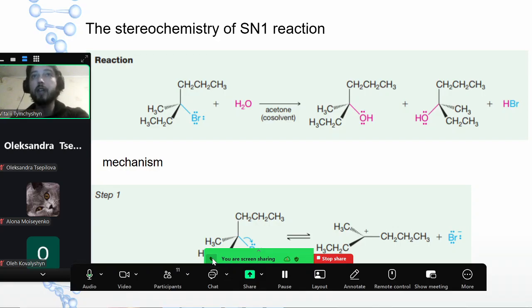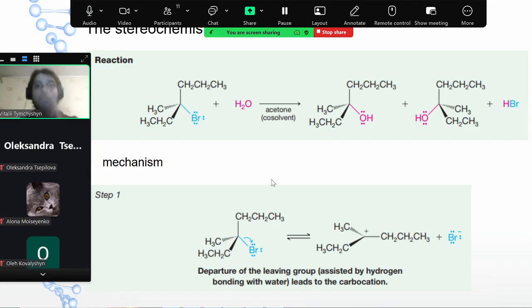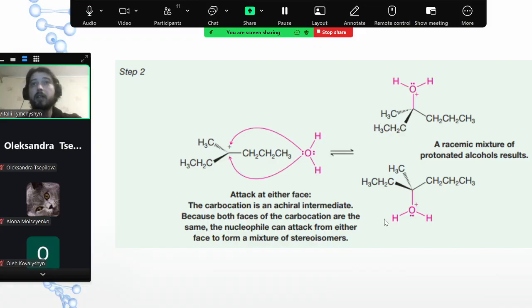Okay, so here is the SN1 reaction, and this is about the stereochemistry. This is step 1: bromine goes away, the leaving group. HBr is a good acid, so you may guess it has a good pKa and is happy to leave. Here we have this flat carbocation.